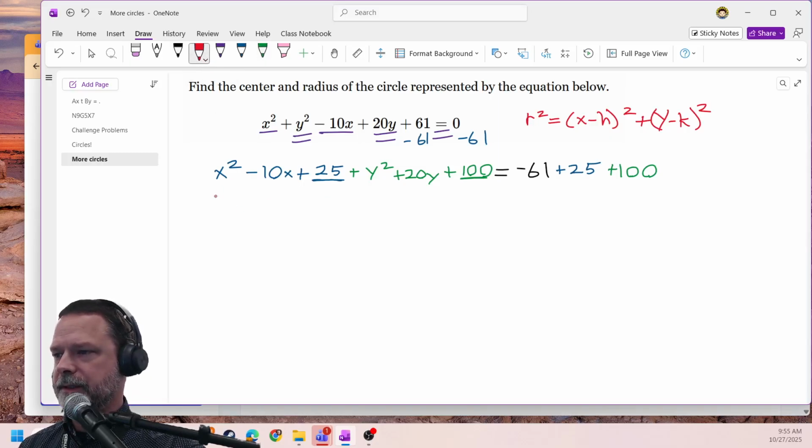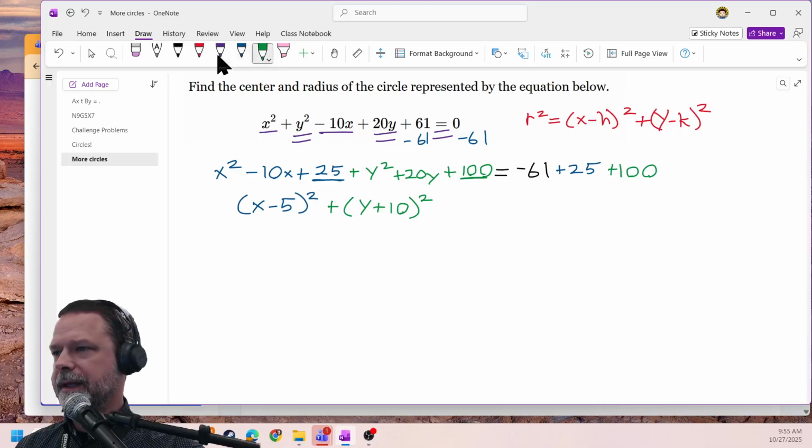So this in blue is going to be x minus 5 squared, using all my fun tricks from completing the square. This in green is going to be y plus 10 squared.